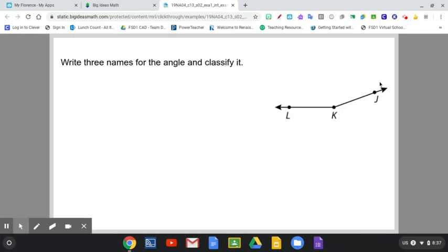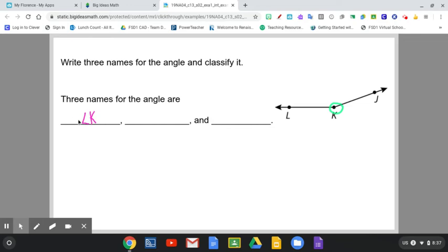And here we're going to look at this angle here. Now remember that the vertex is that shared endpoint. Okay, so the vertex is right here. And we can write the angle in three different ways. So three names for the angle are, now remember this symbol means that we're talking about an angle. So we have angle K. We can use just the vertex here to name this angle. Another way that we can do this is kind of by connecting the dots here.